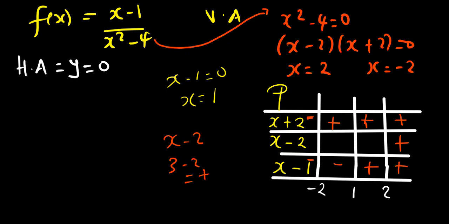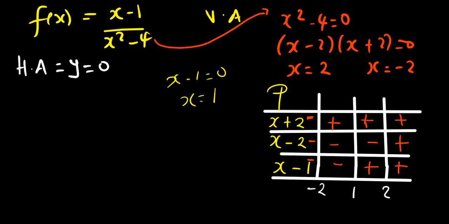But if you get a number that is less than 2, let's say 1, 1 minus 2 gives me a negative number, so all the numbers this side will give me negatives. Okay, so now what will be our product?